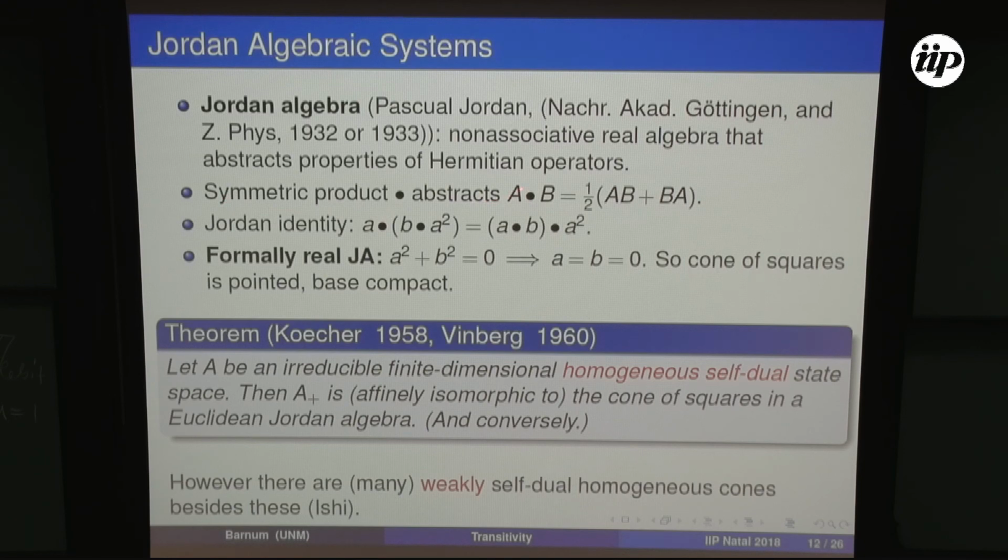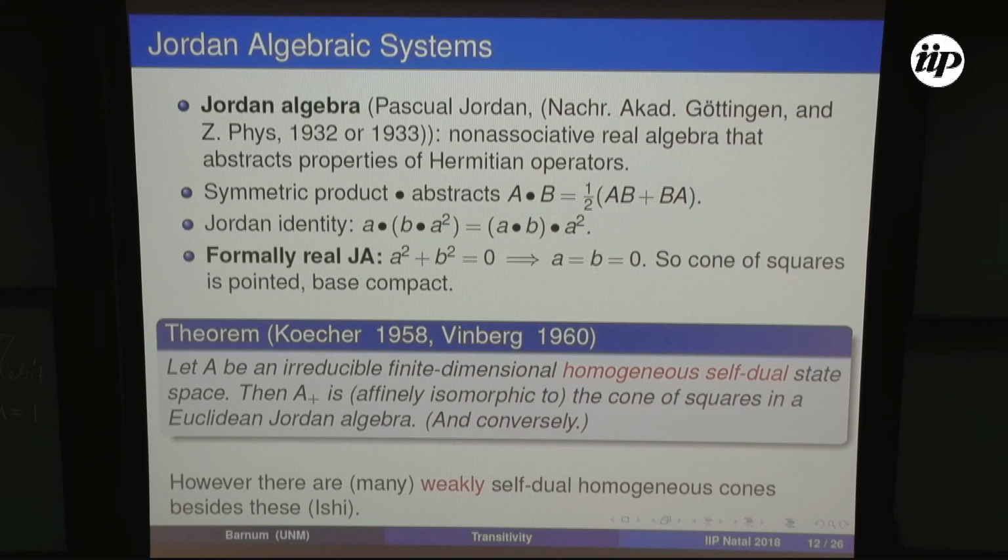the symmetric product abstracts, so it's of course a bilinear product. It abstracts just the symmetrized multiplication of matrices. And it's not associative, but it satisfies the Jordan identity, which is a special case of associativity. He wanted them to be formally real. So if you have a sum of squares that's 0, each element that's being squared is also 0.